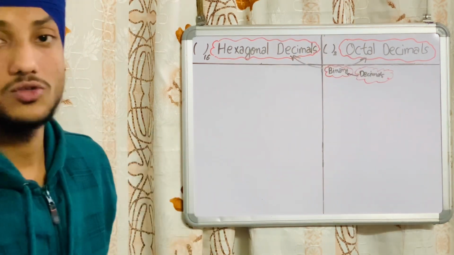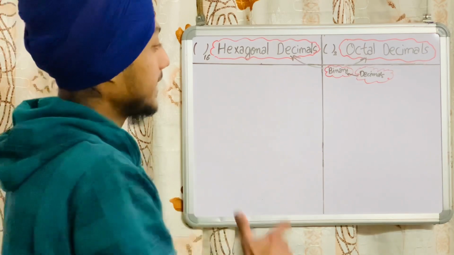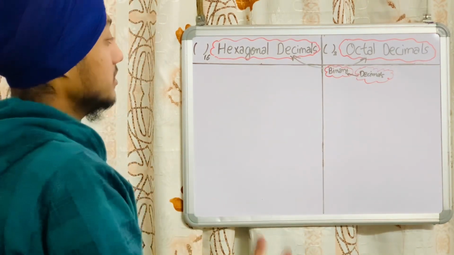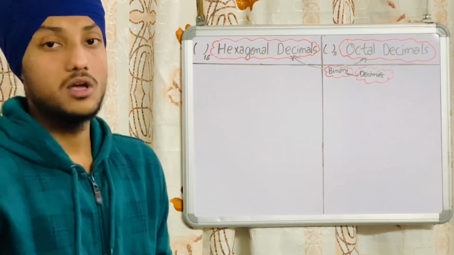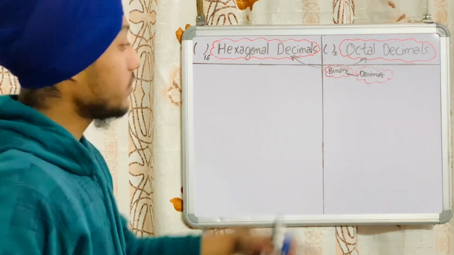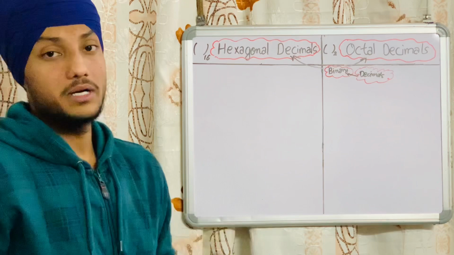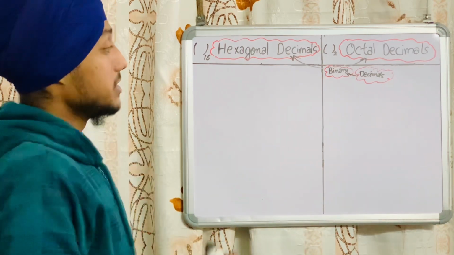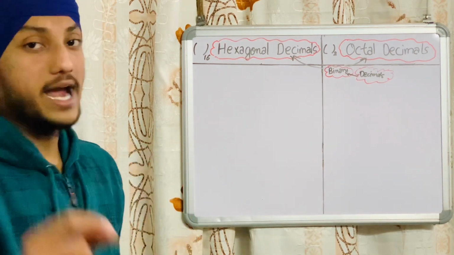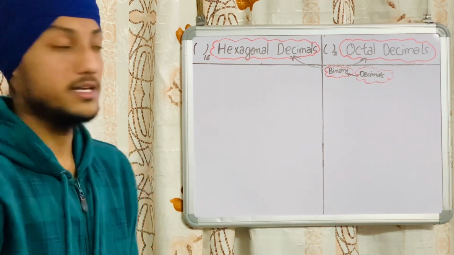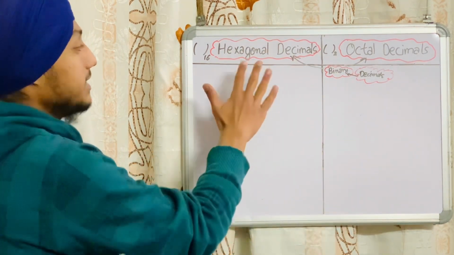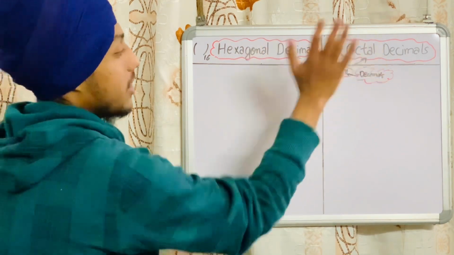to octal system. So for converting any type of system, either hexadecimal to decimal or hexadecimal to octal, except binary, we have to go through one particular path, which is first convert into binary, like for example decimal to binary. If it is binary, then directly convert it to any type of system, either hexadecimal or octal.